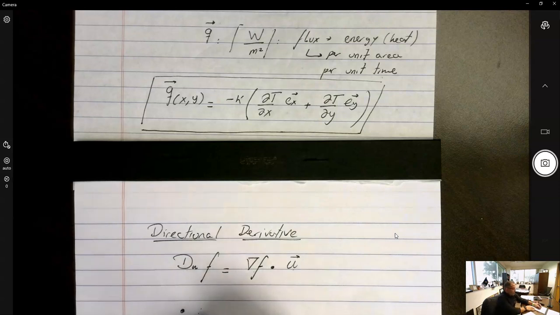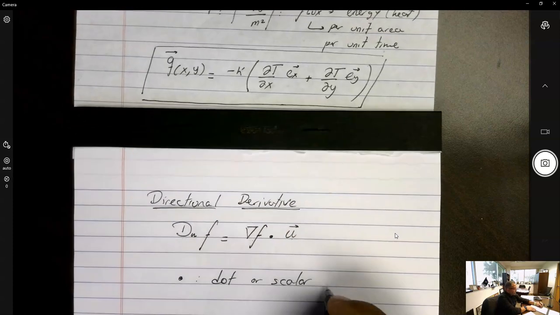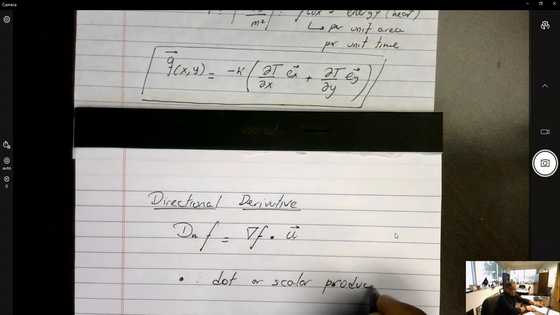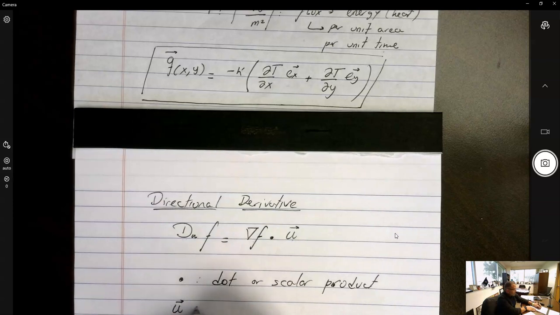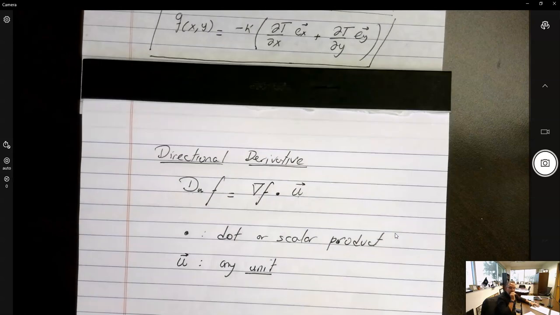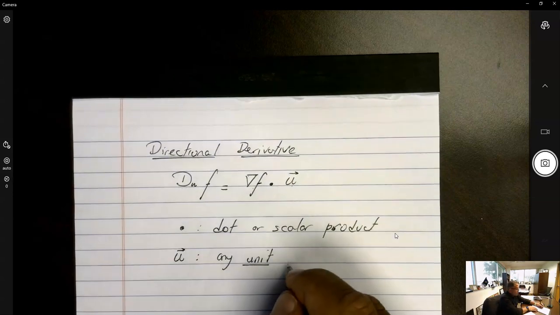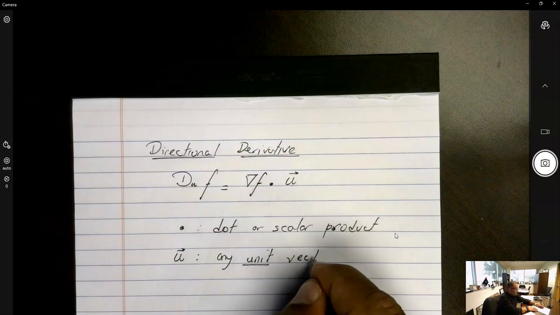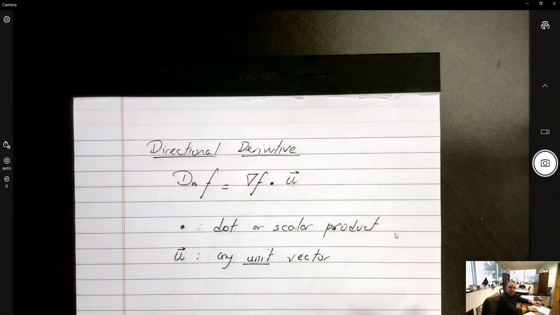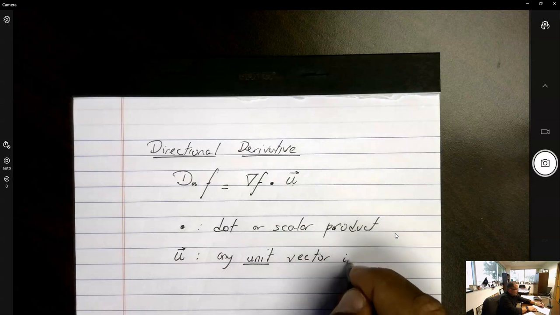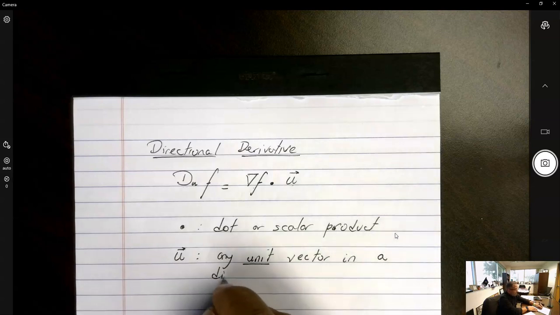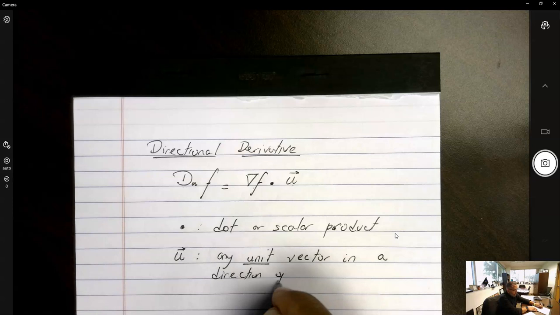So again, this is the dot or scalar product, and u is any vector, but it has to be unit in magnitude. The size of the vector over which we want to take the directional derivative has to be unit in length for it not to influence the resulting value of the directional derivative in the direction of interest.